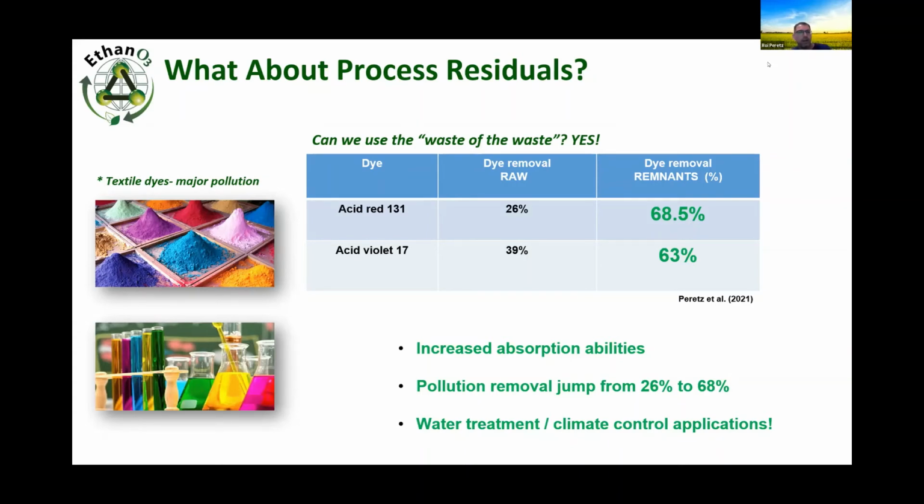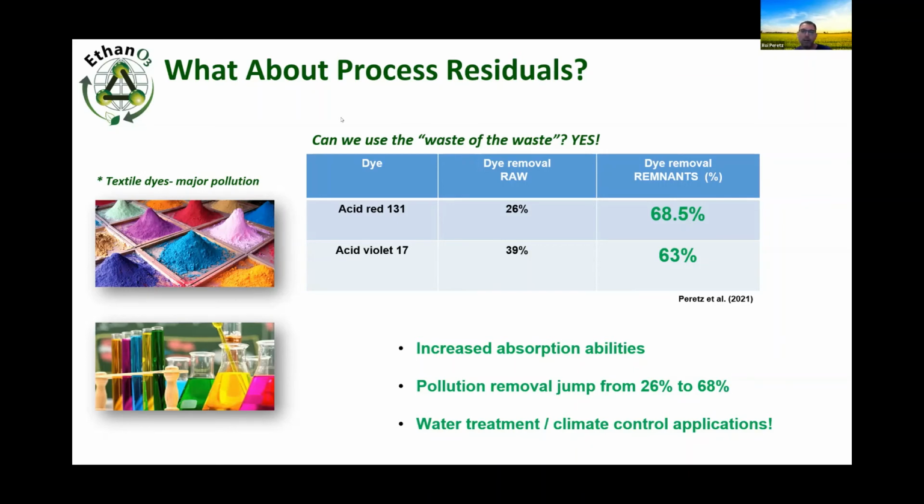It's a very small test. We took textile dye, which is a common pollutant, especially in Asia, Southeast Asia, India and some of these places. We mixed it in water, put in the raw material and the waste of the waste, what remained after the ethanol production, and we saw how much of this dye it can remove. In the beginning, the raw material removed about 26% of the total dye.